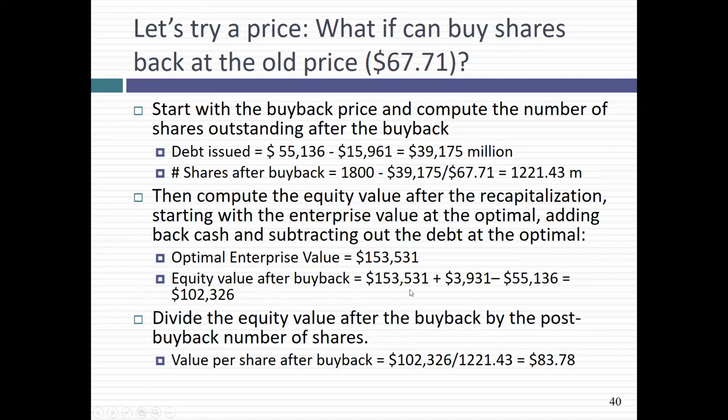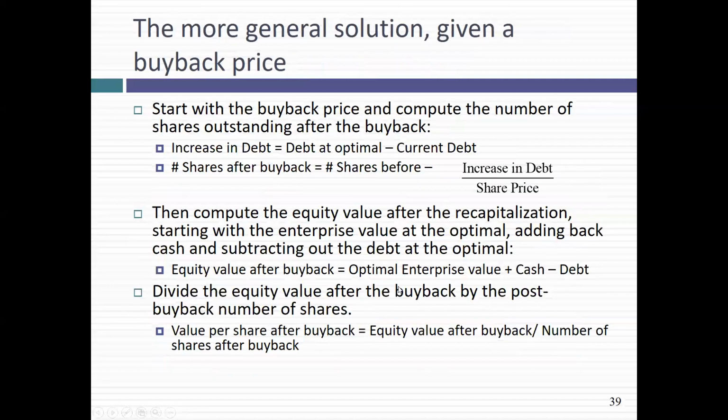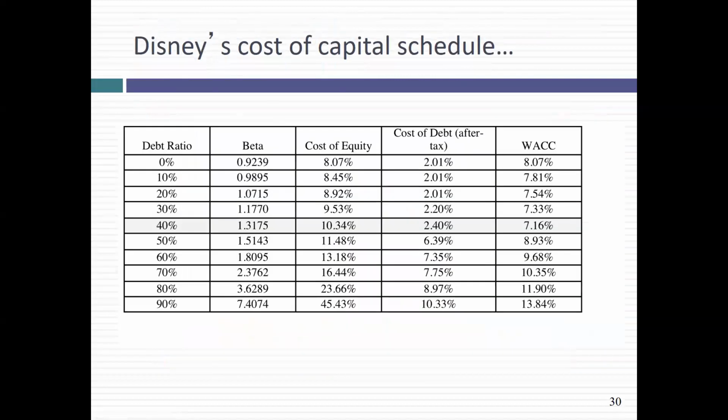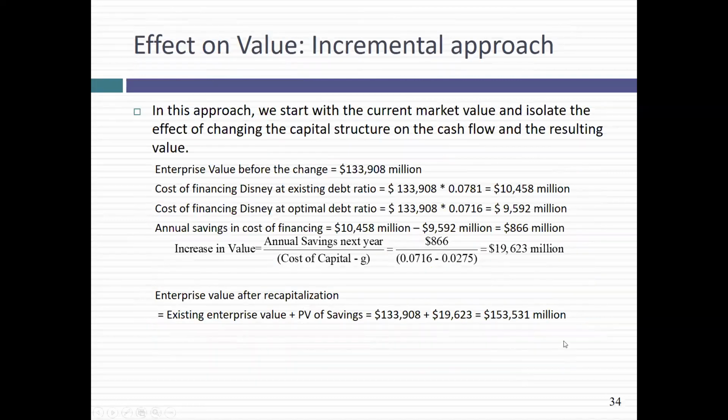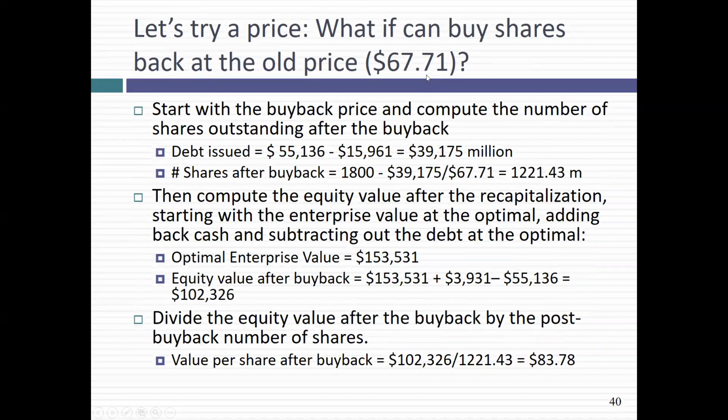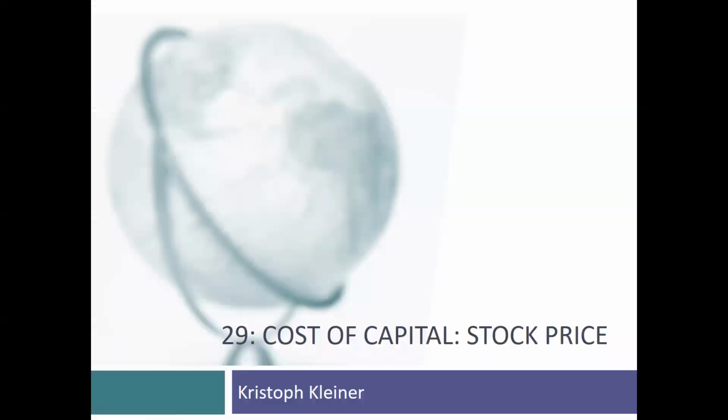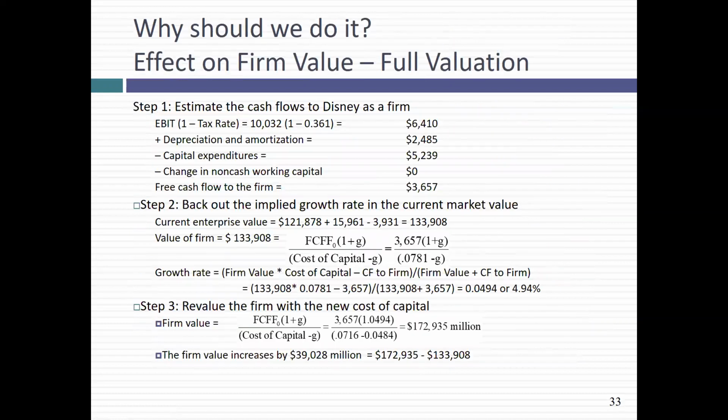We're then going to compute the equity value after the recapitalization. And so we take the optimal enterprise value, which again is based on our prior slides. Right here, this is the enterprise value after the recapitalization, because again, we're using the incremental approach. We're then going to add on 3,931, which we got from here, and then the 15,961.